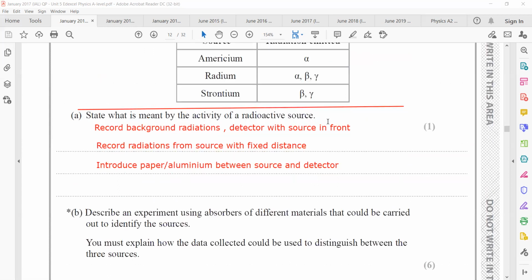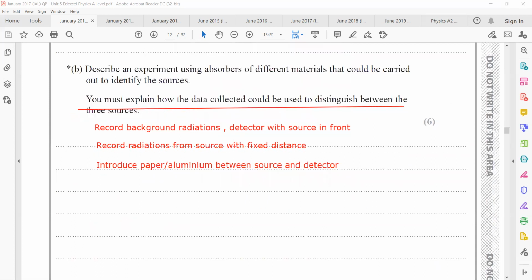Then we'll place aluminum. So if the paper reduced the count rate to background, it means that will be americium.